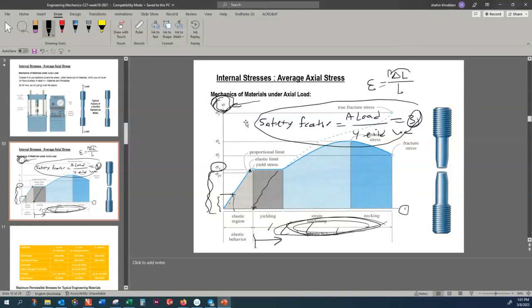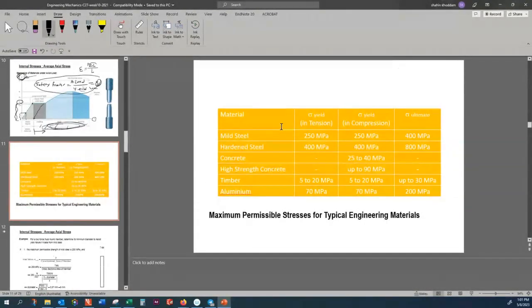Okay, from this diagram, material scientists can make lots of conclusions and observations. But as far as you are concerned as a structural engineer, you only want to know the yield limit. Every material, whether steel, hardened steel, mild steel, concrete, wood, timber, aluminum, or high strength concrete, is characterized by a yield limit.